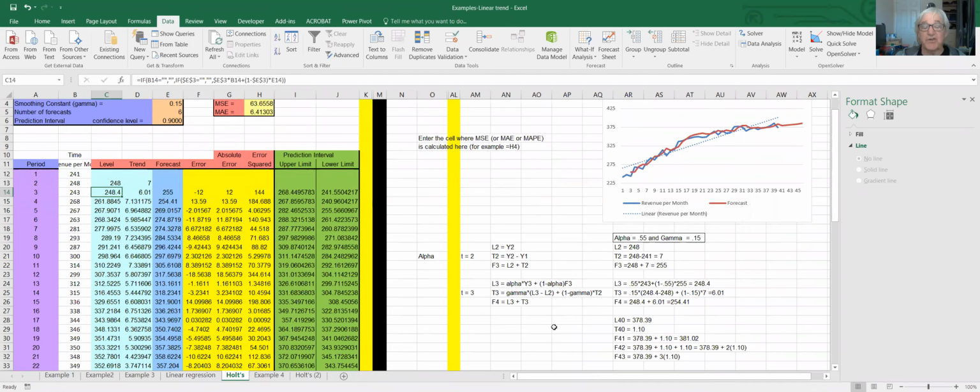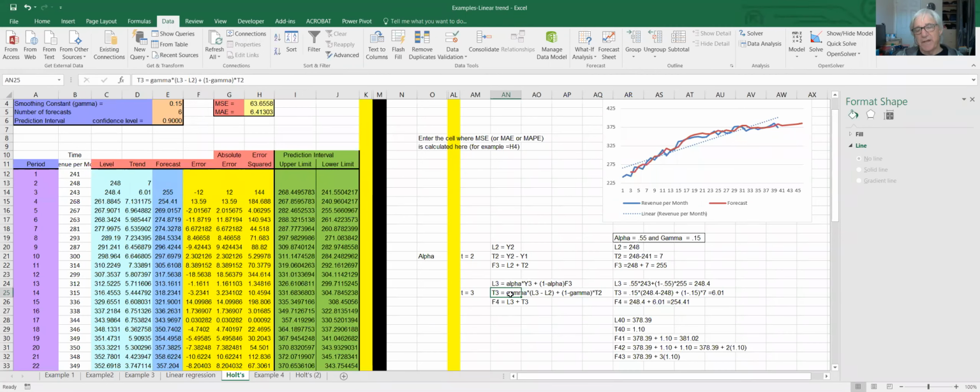Now comes the issue of the trend. The trend applies the same concept. You have a gamma, which is a value like alpha. Both are called smoothing coefficients, and both are between 0 and 1. The reason we use a different letter is to allow a different value for smoothing the trend than when we smooth the level.